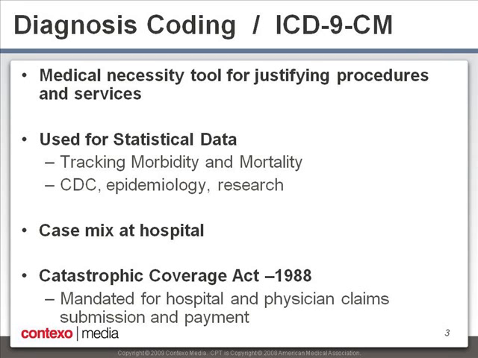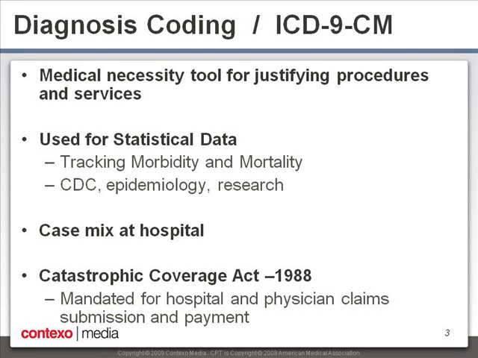What other things do they use ICD-9 for? Well, statistical data. It collects information about how our population, humans, are suffering from disease or dying from diseases. So it's a tracking mechanism for morbidity and also for mortality.